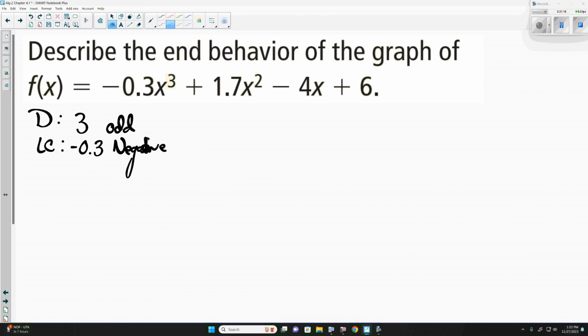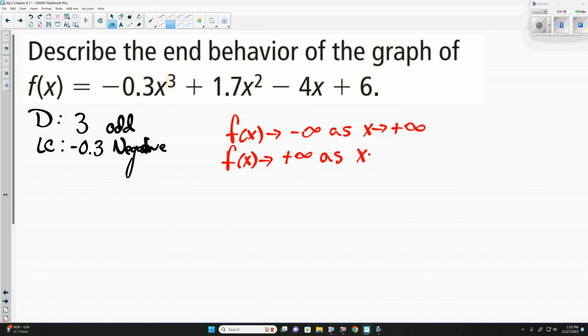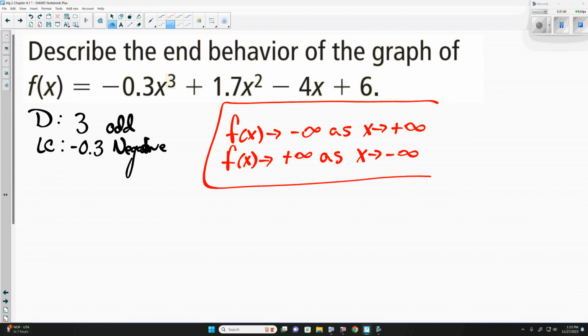So odd and negative, if we look over there, it tells us that f of x approaches negative infinity as x approaches positive infinity, and f of x approaches positive infinity as x approaches negative infinity. And that's it.